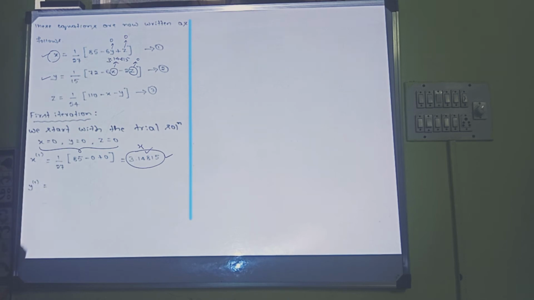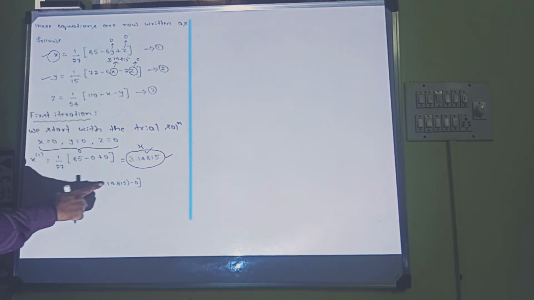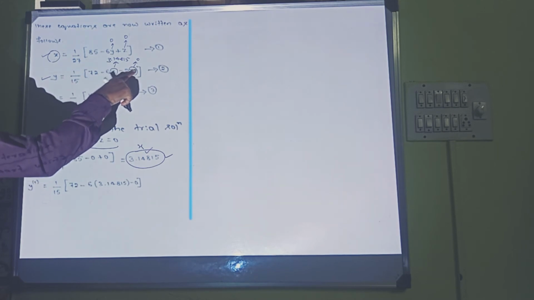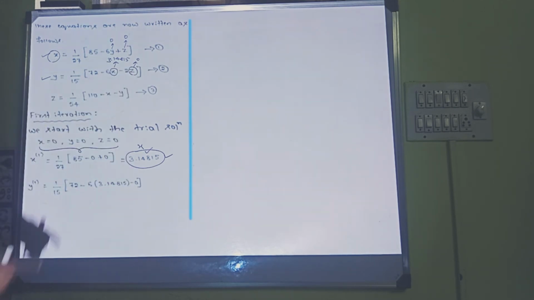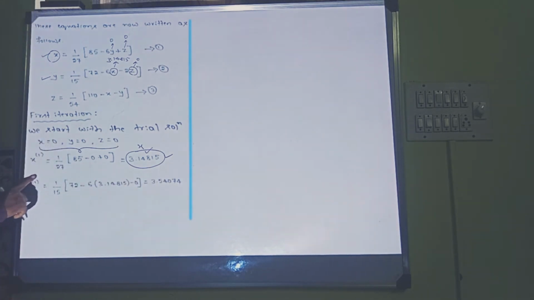Let us write down now: 1 by 15 into 72 minus 6 into x, where x is the new value, minus 0 into 2, which is 0 only. Simplify using your scientific calculator. You will get this new value for y1, the first iterated value of y.